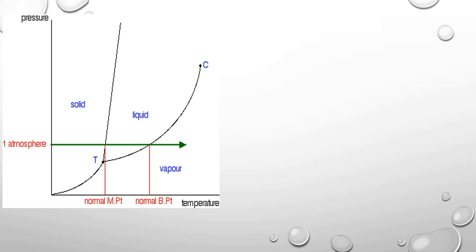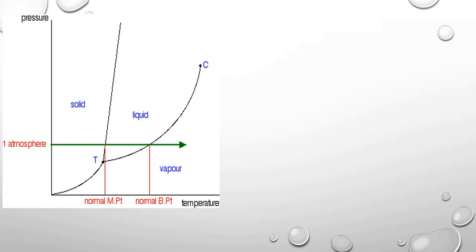Okay, so here we have two things that we're adding to this graph. It's normal melting point and normal boiling point. All that means is I'm coming across that 1 atmosphere on that chart. And 1 atmosphere is what we call standard pressure. Standard pressure can be a bunch of different things. It could be 760 millimeters mercury, 760 torr, 101.3 kilopascals, but it's all 1 atmosphere.